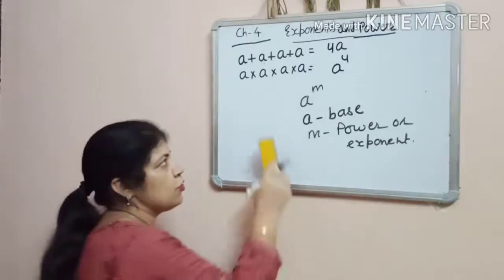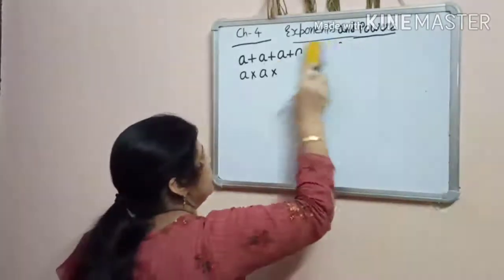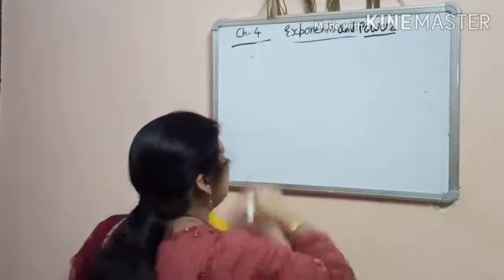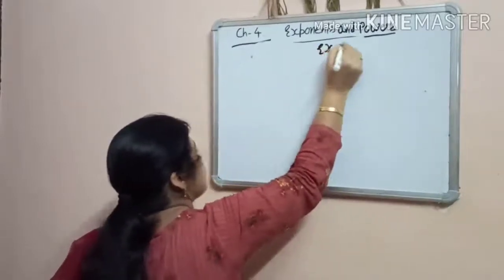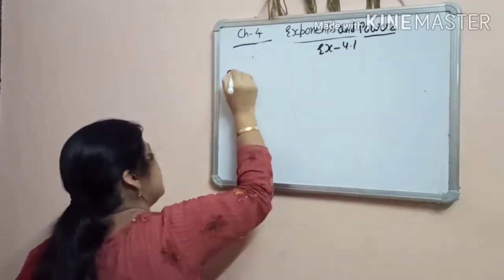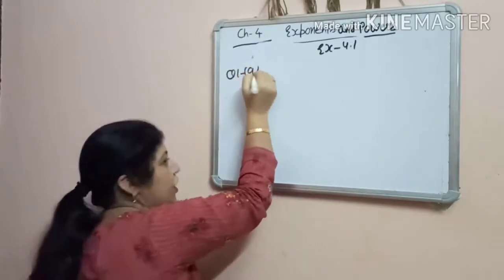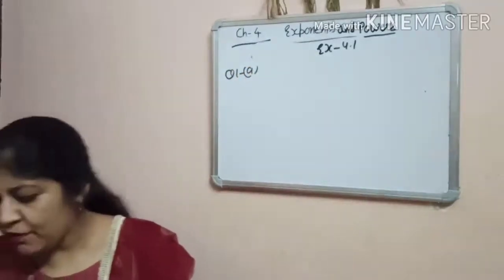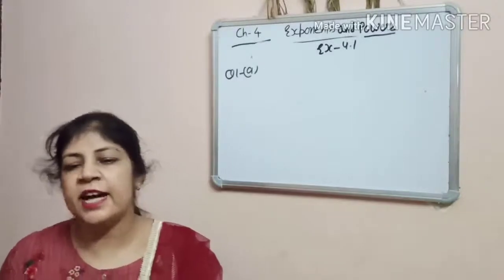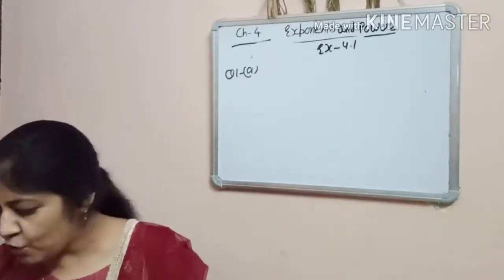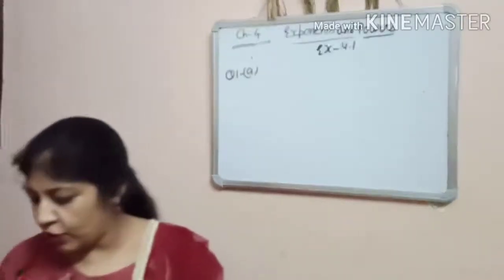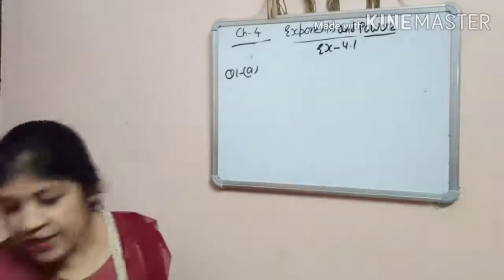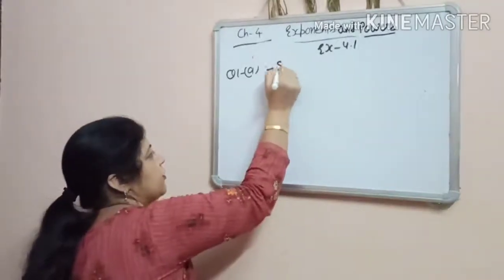4.1, first question. Exercise 4.1, question number 1. In question number 1, you have to write the base and exponent of the following. Like this, 7 raised to the power 8.